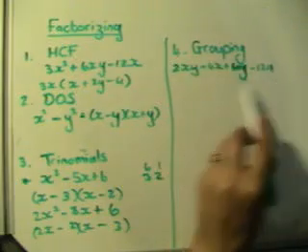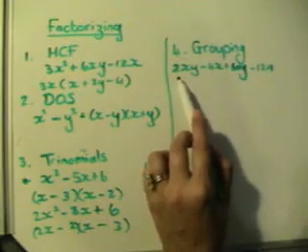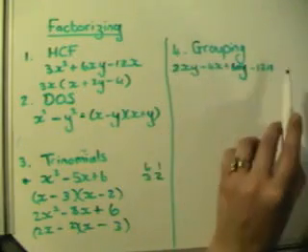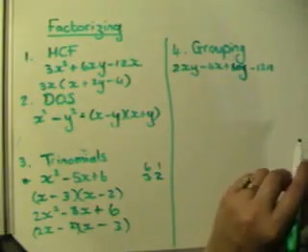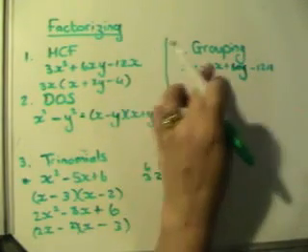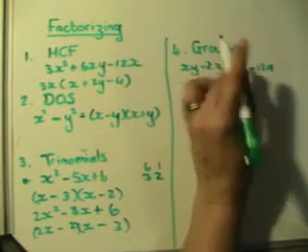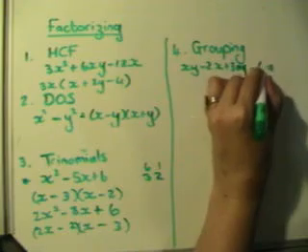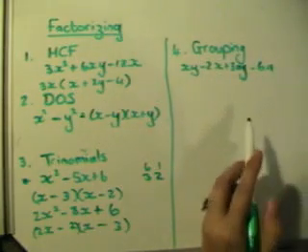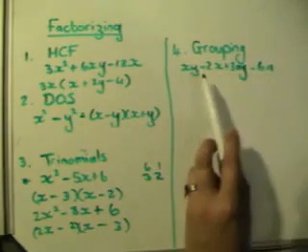I can't take out a highest common factor because there are none. There is actually a 2 that I can take out as the highest common factor. Let's just change this so that I don't have a 2 that I can take out. I just halve all of them. So there's nothing I can take out as the highest common factor.